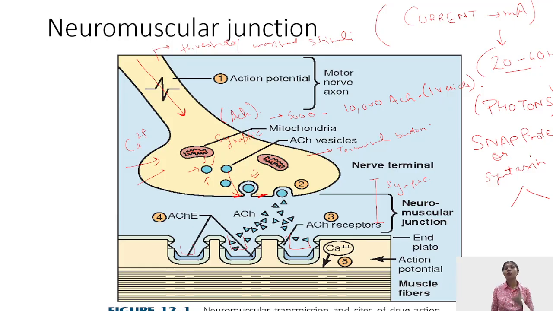The proteins responsible for joining these vesicles are synaptobrevin and synaptotagmin, and eventually the acetylcholine gets exocytosed into the synaptic cleft.